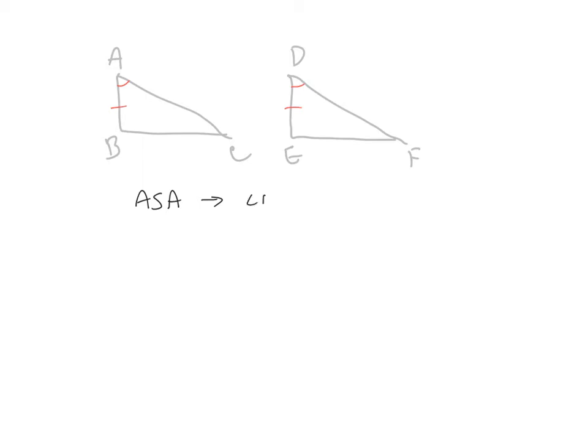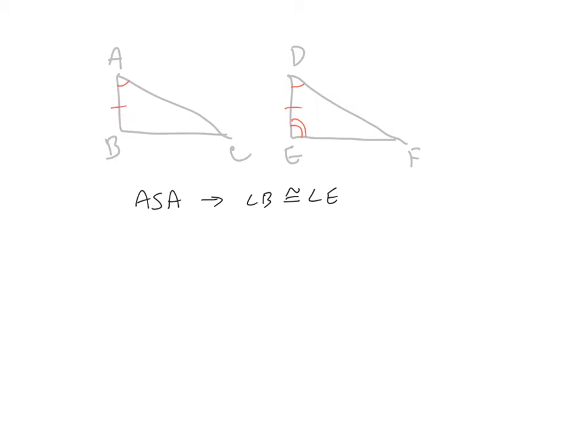You would just write angle B has to be congruent to angle E. So it would make that one and that one congruent. I should put 2 right there. Okay, so then we have angle side angle.